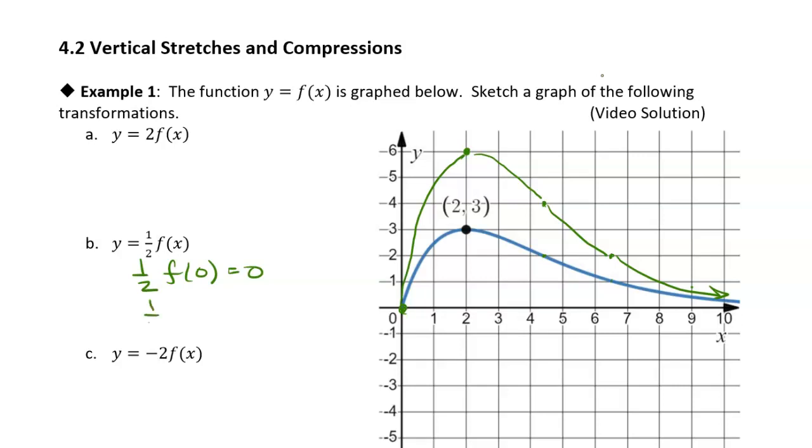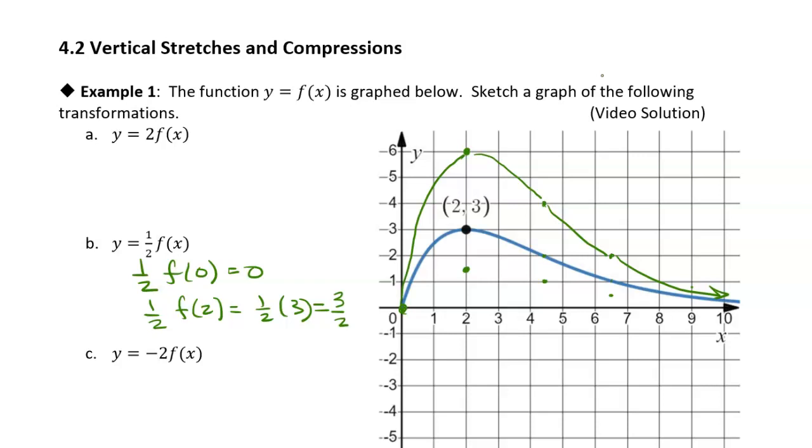If we take half of f of 2, that's half of 3, and so we have 3 halves, so 1 1/2. So just taking half of it. So 1 1/2 is about here. And we can do that for each point. Just take half of it. So here's 2, and that's going to become 1, and then here 1 is going to become a half.